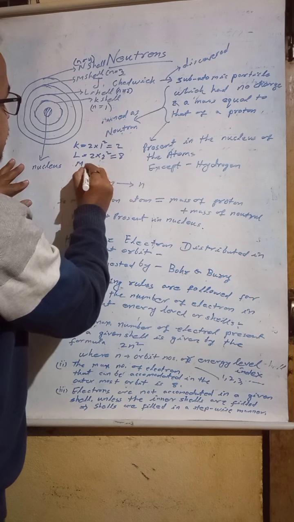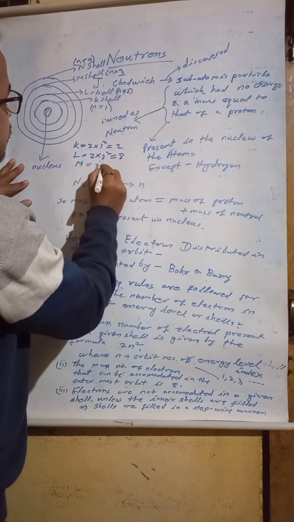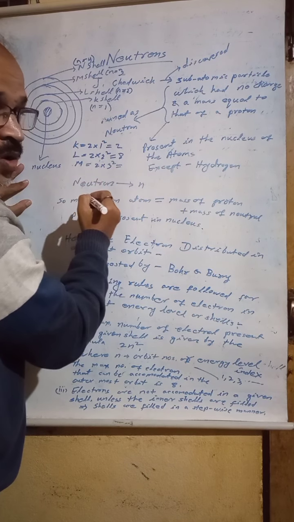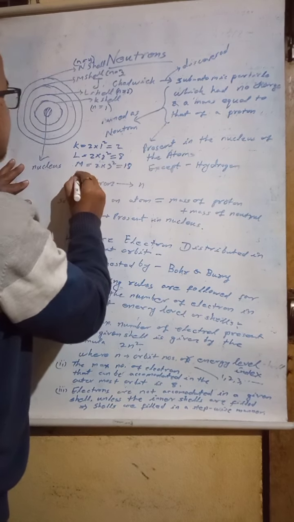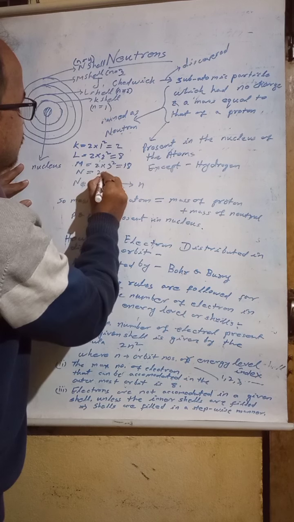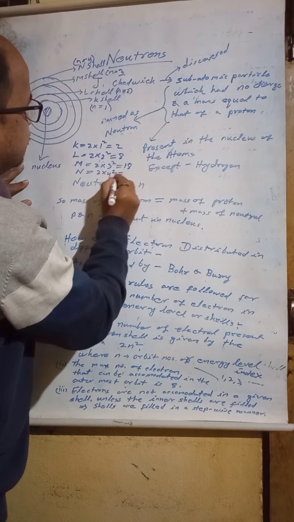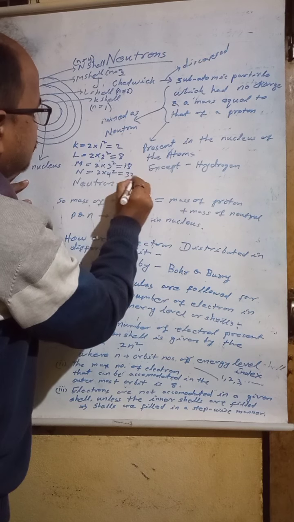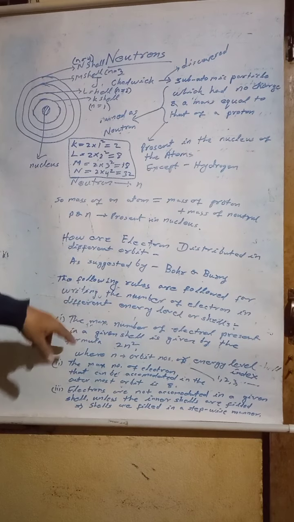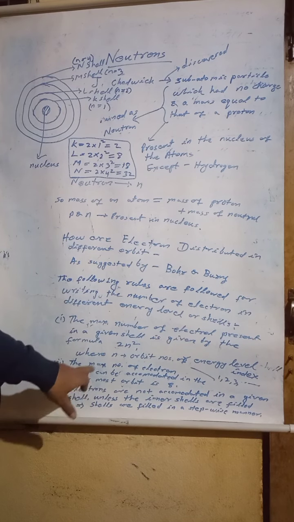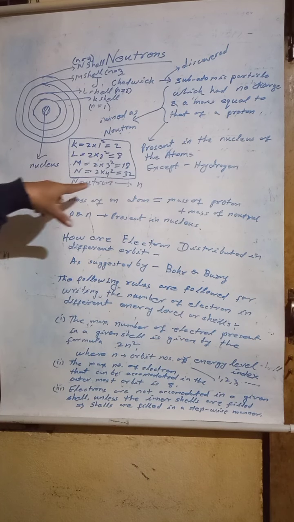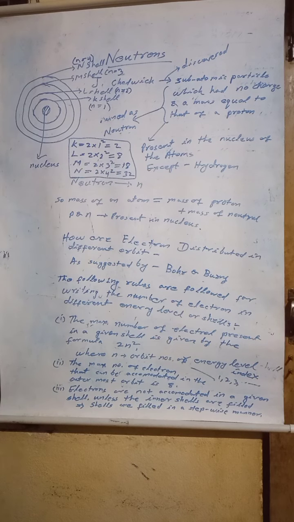M cell, 2 into 3 square, 9 into 2, how much? 18. N cell, 2 into 4 square, 16 into 2, that is 32. So, according to the formula 2n square, the maximum number of electrons present in different cells K, L, M, N we have found: 2, 8, 18, 32.